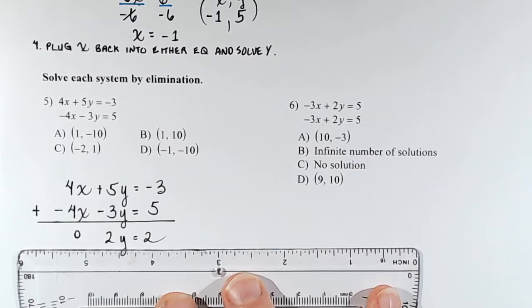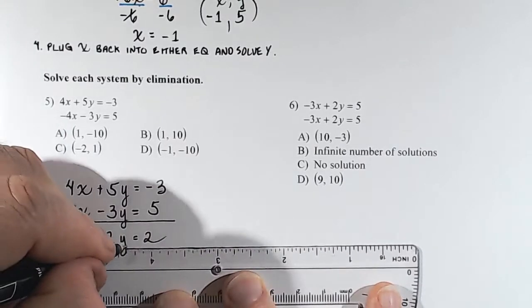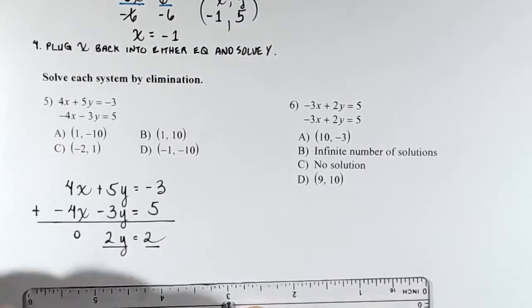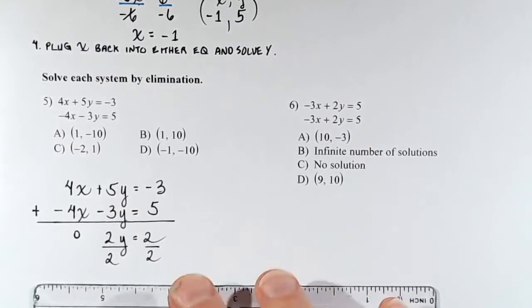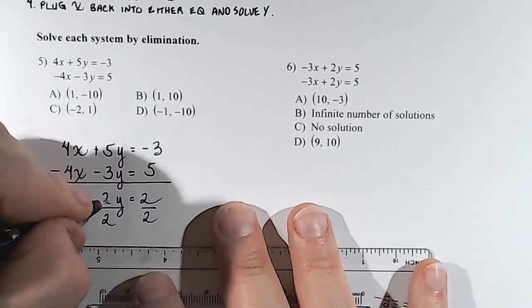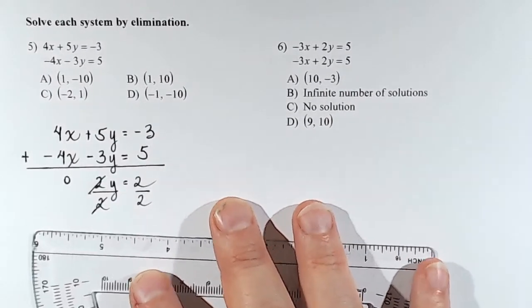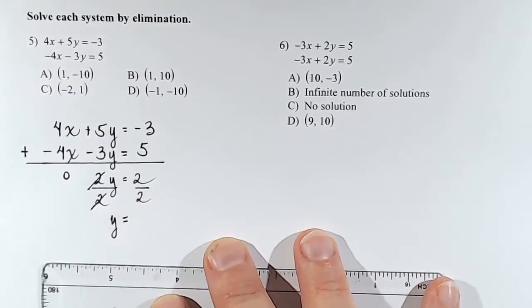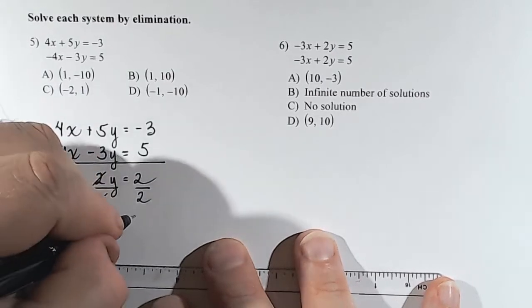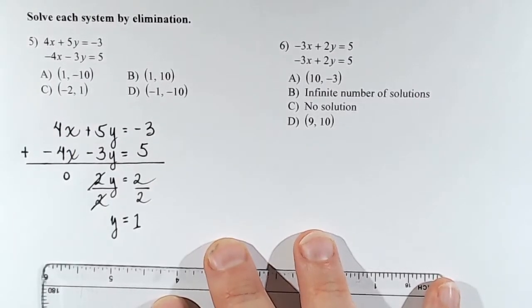All right, so now we have to do that final step and divide both sides by whatever's in front of the y. So we divide both sides by 2. These 2's cancel, and you have y is equal to 2 over 2. All right, well 2 over 2 reduces down to just 1. So you found that y equals 1.